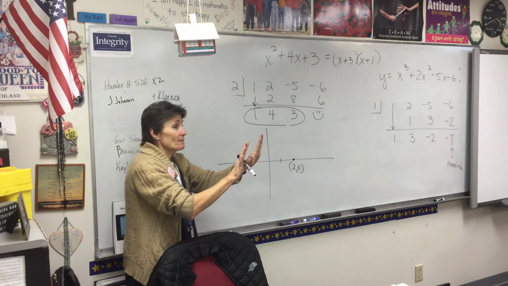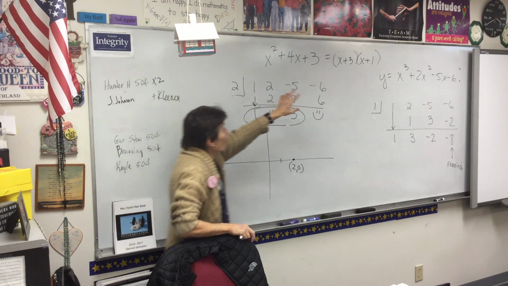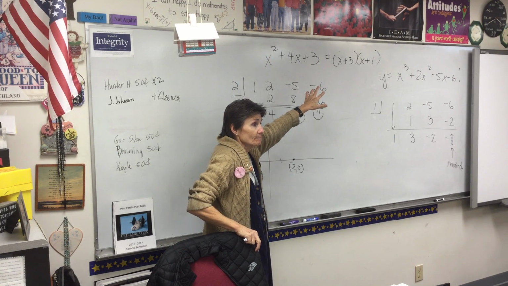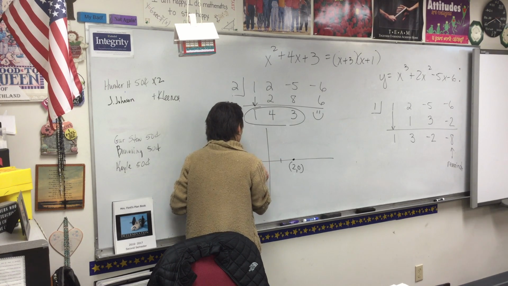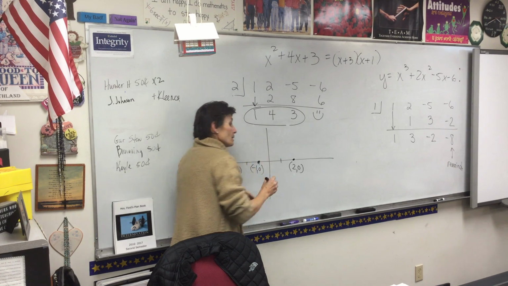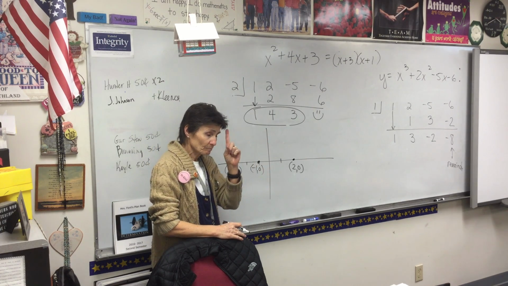Wait a second. Let me finish this and then we'll come back to it. That means, where are the other 2 dots? Negative 3 and negative 1. Now, before I answer Izzy's question, 2 things.